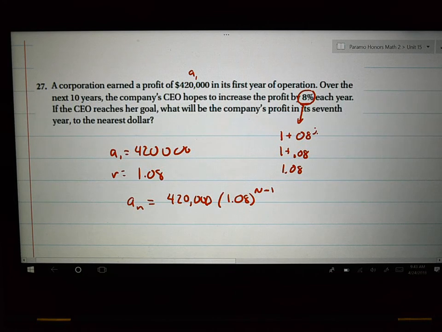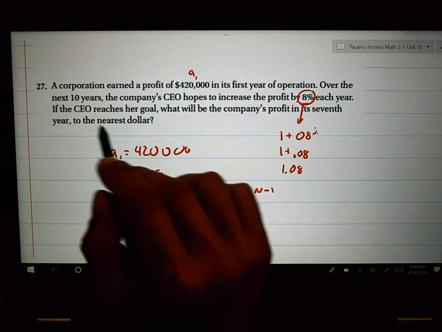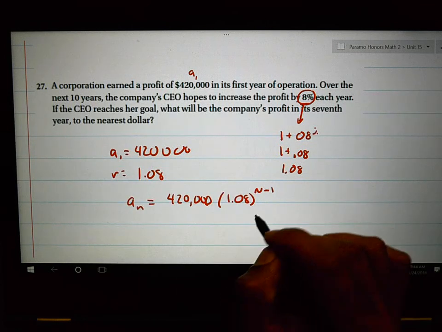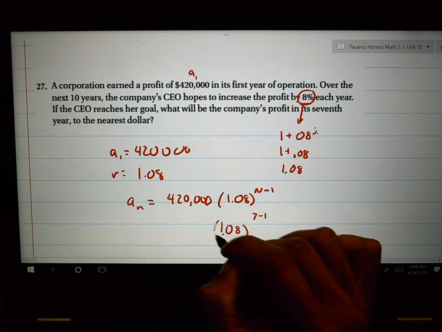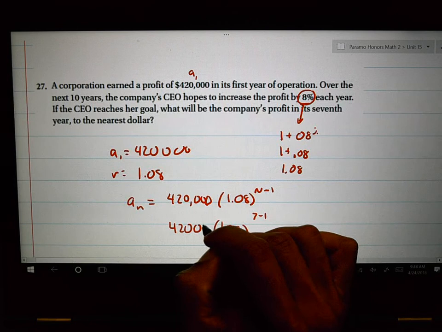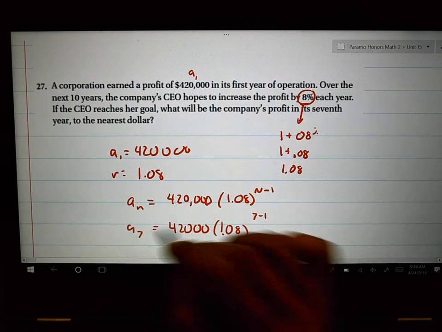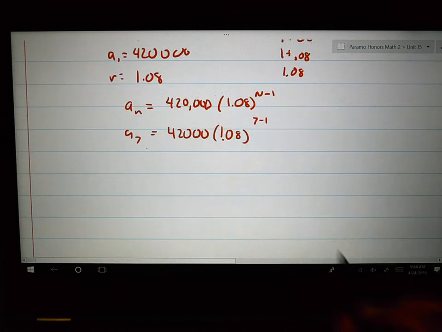We want to know what it would be in its 7th year. So we're going to plug in 7. You can make the decision whether you want to leave the 7 minus 1 or you can plug in 6. It doesn't matter.